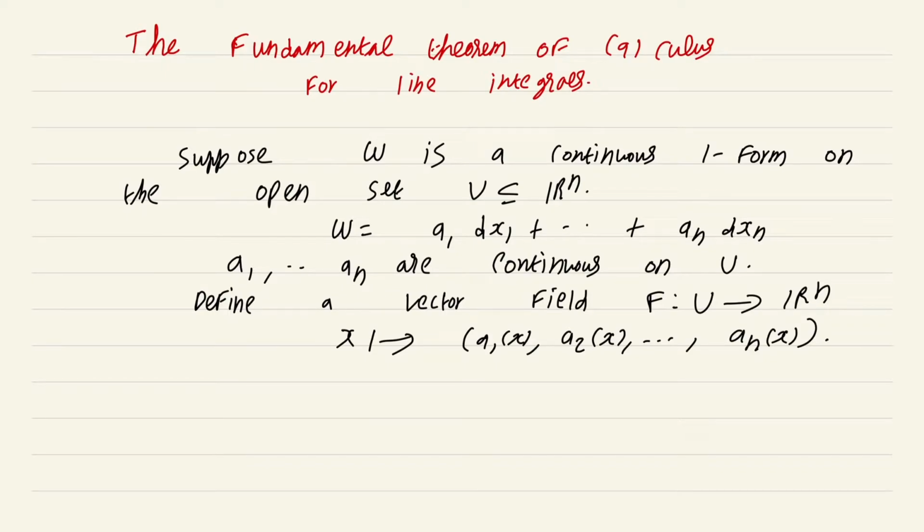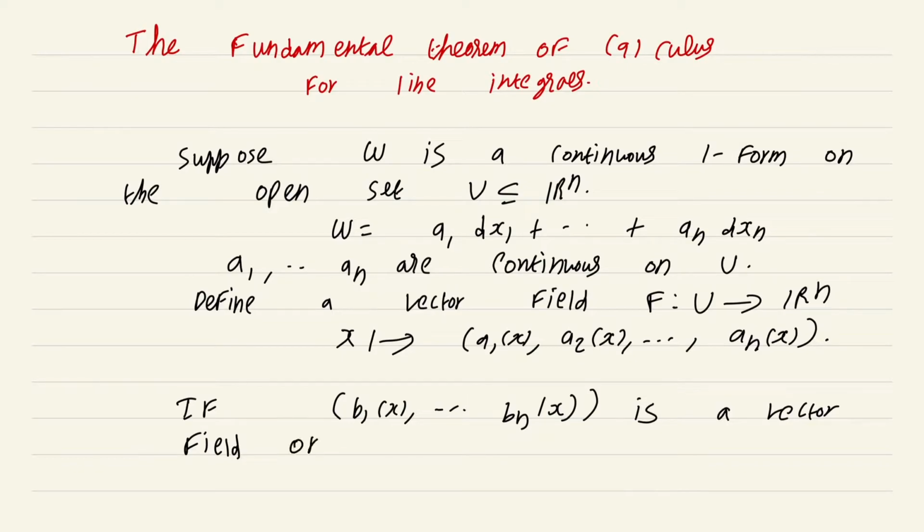So if (b1(x), ..., bn(x)) is a vector field on U, then by definition we can apply omega to this vector field.